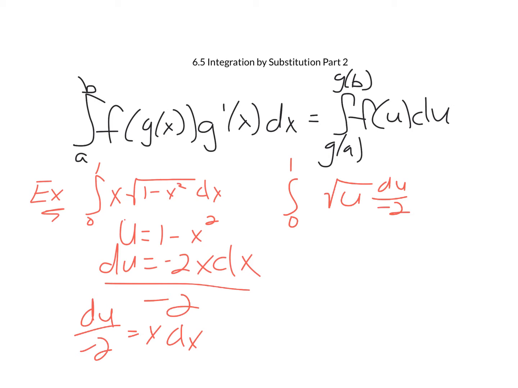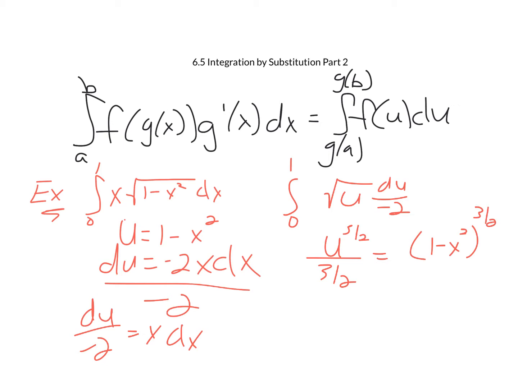Integrate, remember, that's like saying it's the 1/2 power. So we're going to get u to the 3 halves over 3 halves, plus, we don't have a plus c because it's a definite integral. And that's going to be equal to 1 minus x squared to the power of 3 halves.